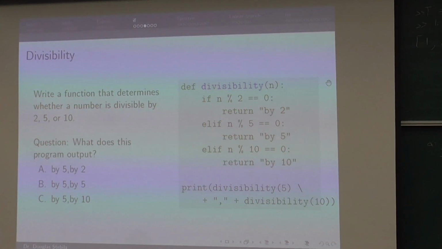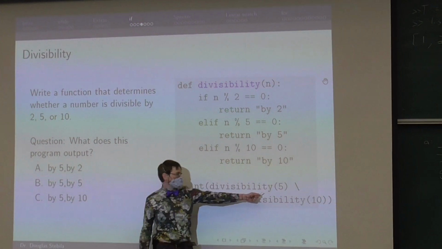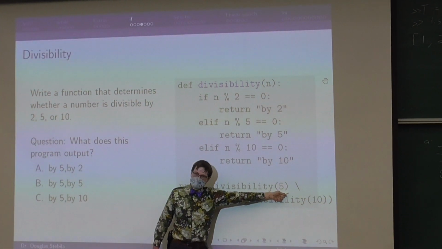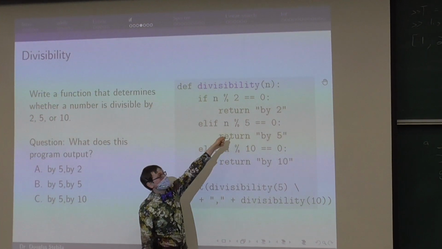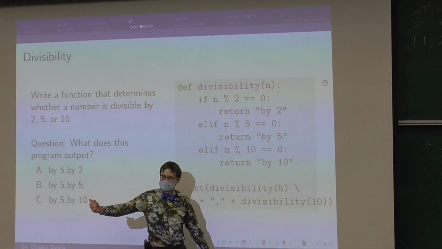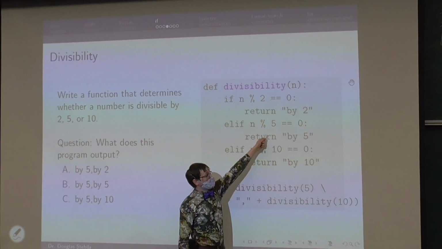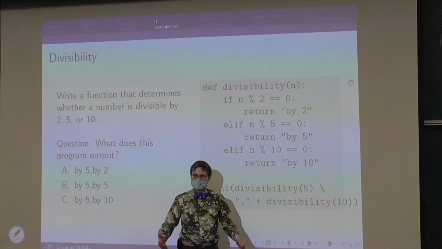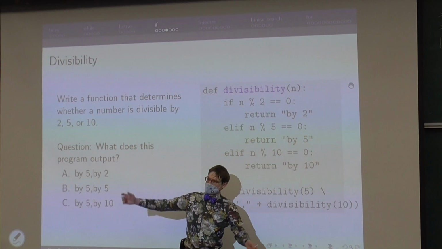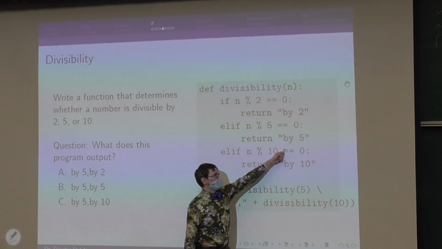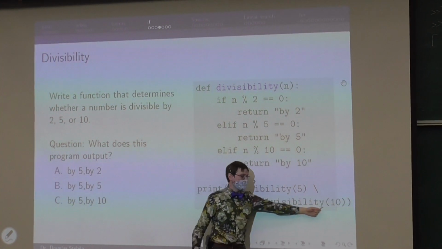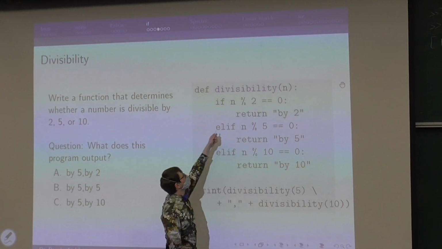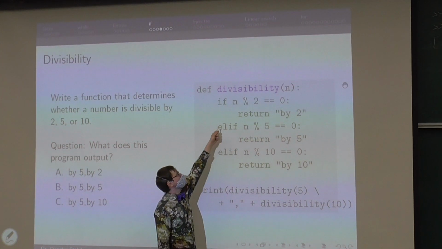Cool. So, let's trace this through. We're calling divisibility with 5, right? So we put 5 in place for n. Is 5 mod 2 0? No, it's 1, right? Is 5 mod 5 0? Yes, because 5 divides itself evenly. So we return by 5. Next call: divisibility of 10, right? So n is 10.